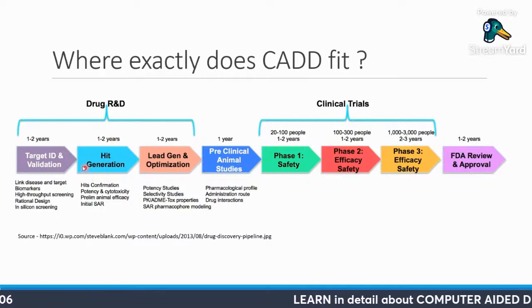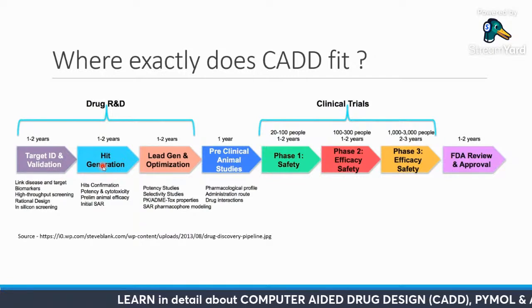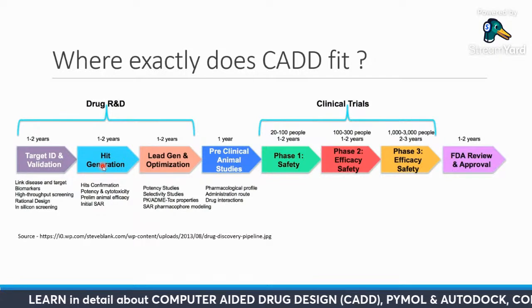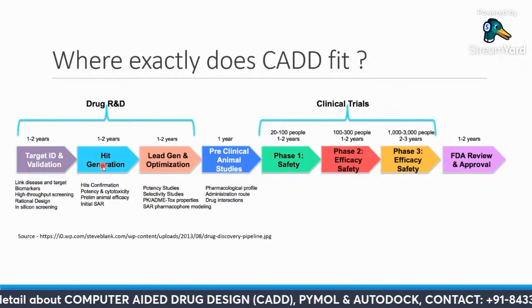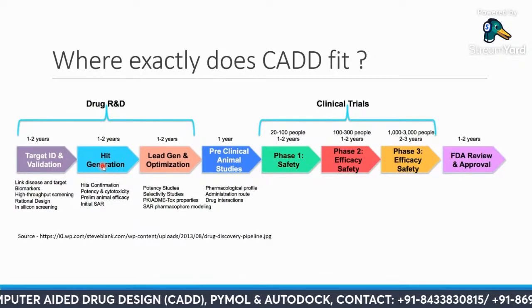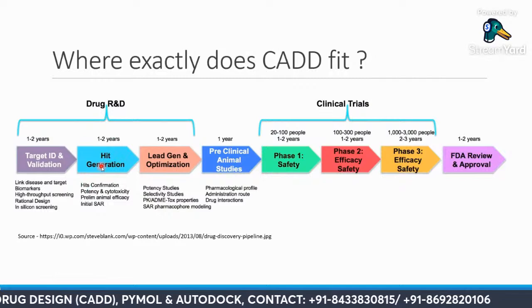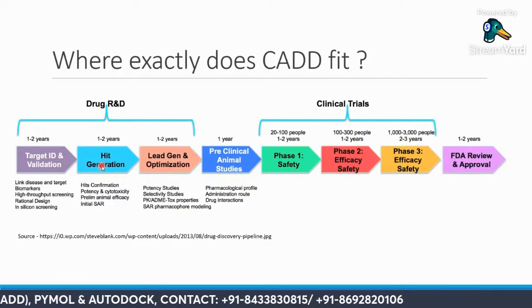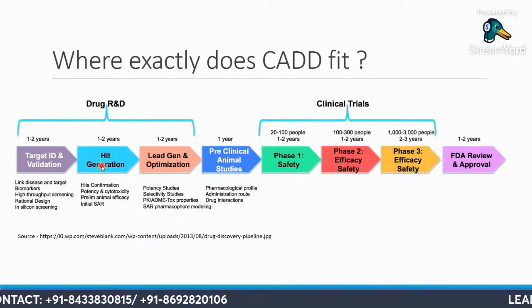So in hit generation, one more thing you need to understand is that you don't take into account much the toxicity of the drug or the metabolic stability, because this hit generation, whatever you are doing, is in vitro. There's a concept called in vitro, and there's a concept called in vivo. In vitro is when you are doing some study on external cell lines.